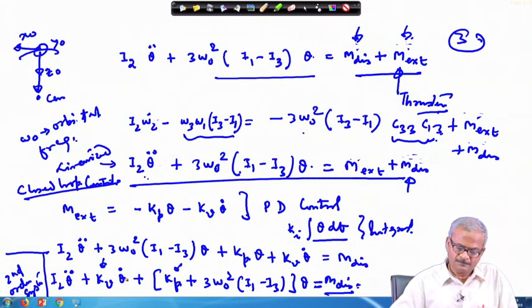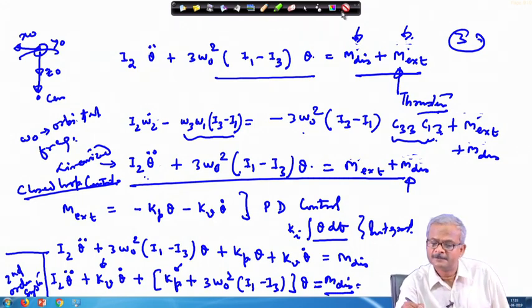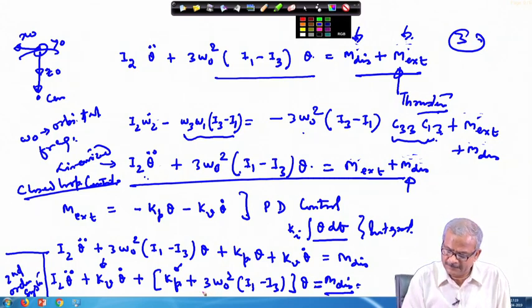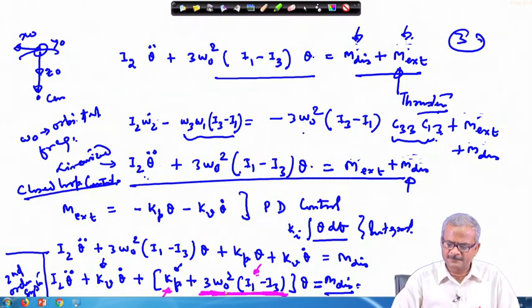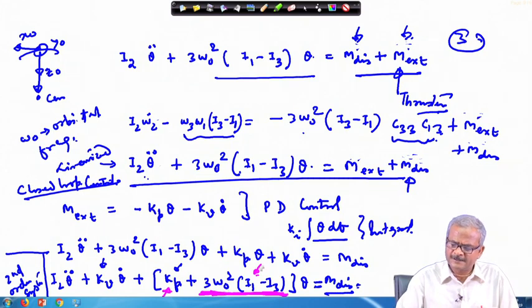The term which is the gravity gradient one, this particular one, will be quite small as compared to this. This is in your hand, but this is not in your hand. However, this quantity is small as compared to this. So, if you are not doing stability analysis, rather you are just doing some temporary control, this can be dropped out, and only with this part then you can do the control.